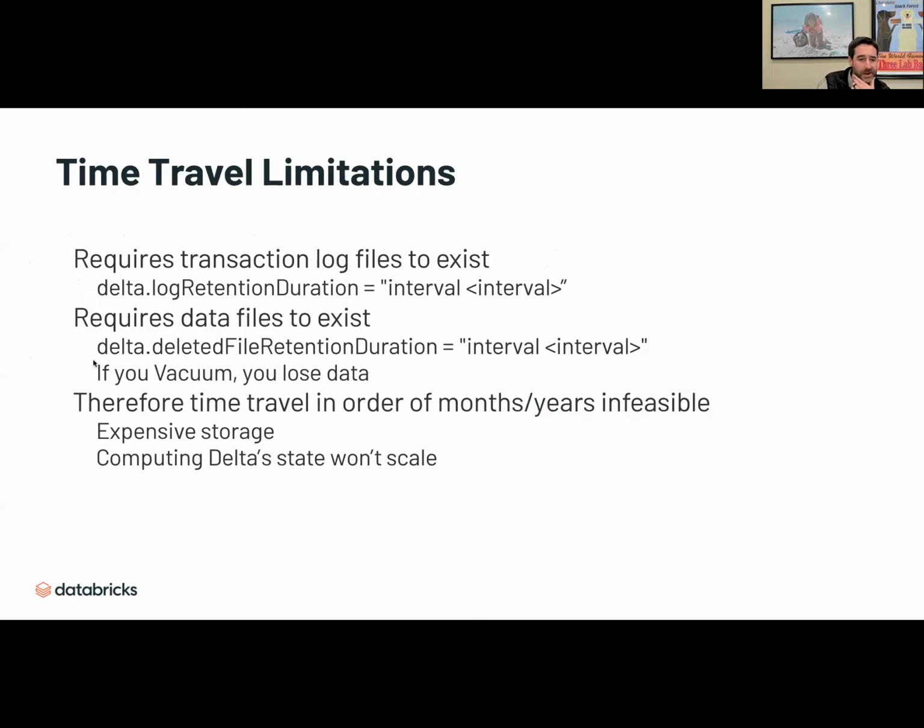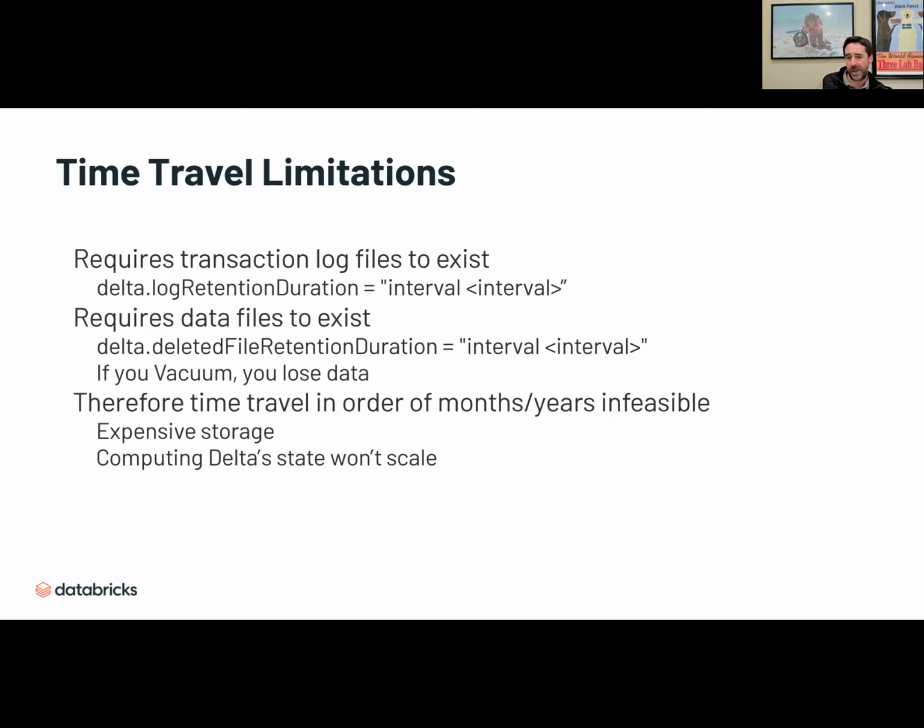What vacuuming does is, because these things will start piling up, right? There's a lot of stuff that can be in there. And the limitation of time travel is that the data that exists has to be in the file system, and you do want to clean these out from time to time.